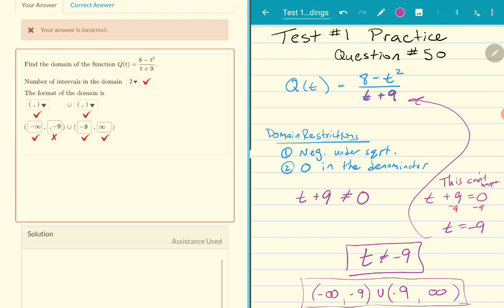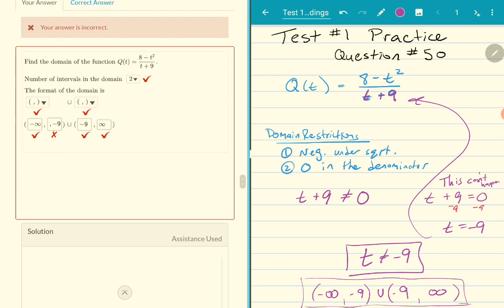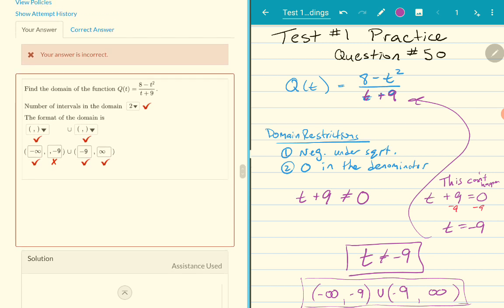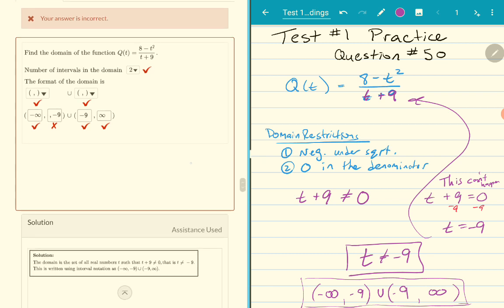See, I had a little typo there with the comma in front of the negative 9. So if that were to happen on my test, I would take a screenshot of this, send it to my professor and say, I had a little typo, but as you can see, I knew the answer. I just did one too many commas. So verifying that that is the correct answer.